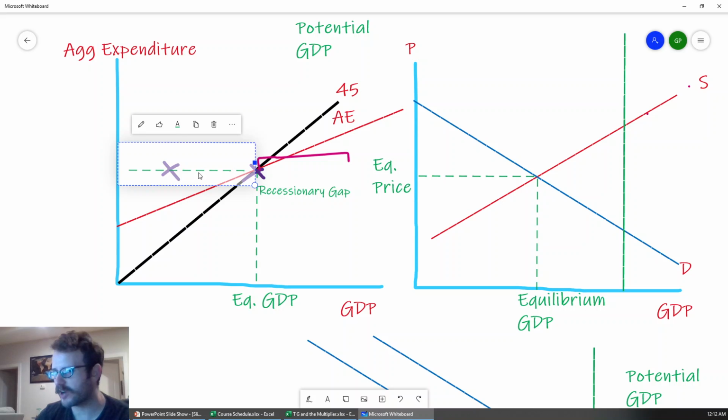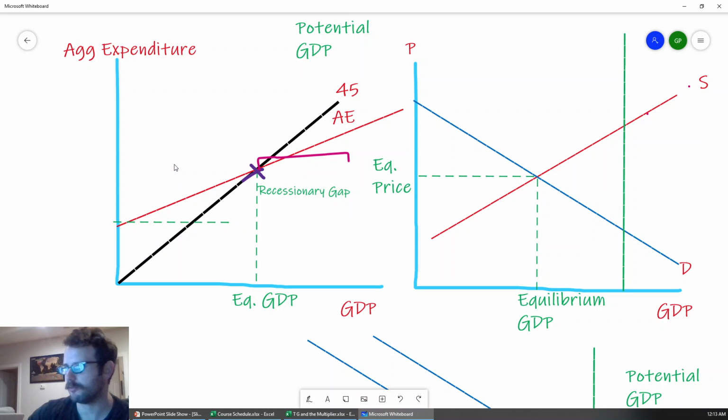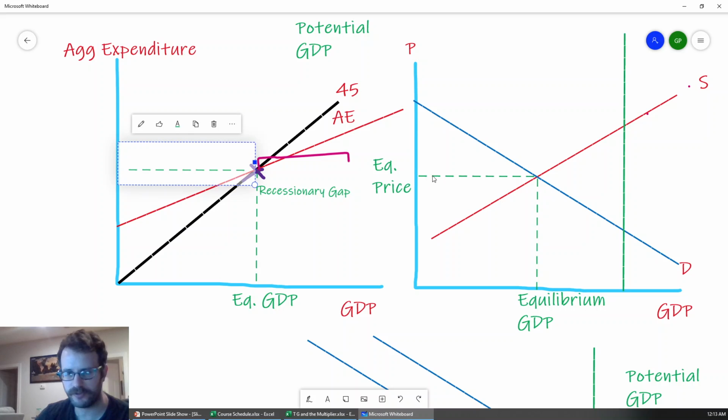Actually, this line could be wherever. That's actually irrelevant. This line, wherever it winds up, doesn't have to line up with this dotted line. That was a mistake, because this dotted line corresponds to equilibrium aggregate expenditure.